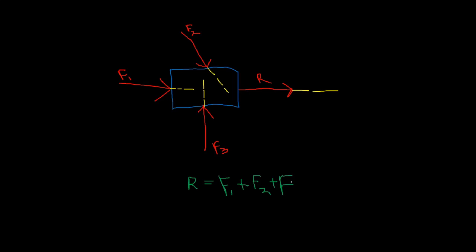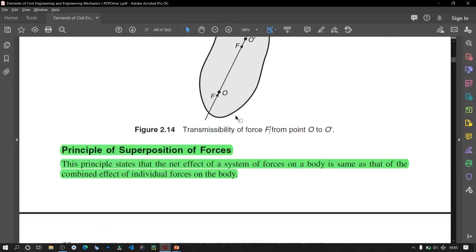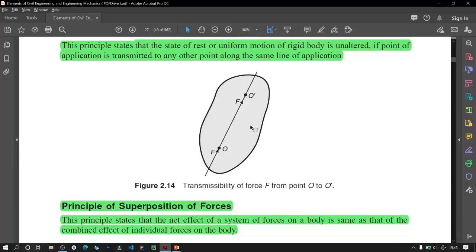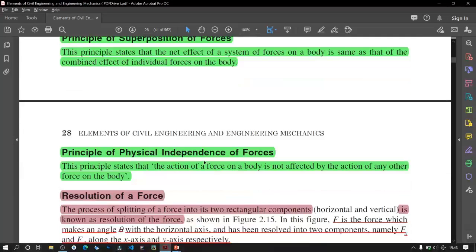So draw this diagram and write this formula for the principle of superposition of forces. For transmissibility too, if you have drawn the previous diagram, no problem. If you haven't, reverse the video and you will see what I have drawn. Similarly, you can draw it.